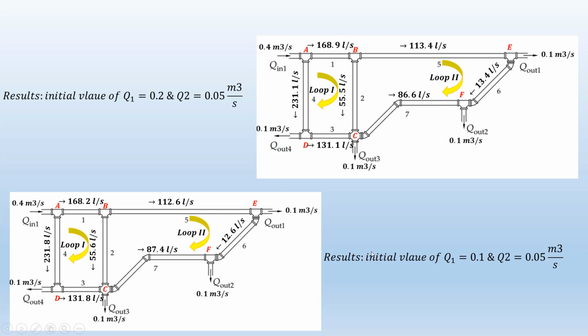And for the second scenario, the Q1 is 168.2 liter per second. That's really good, correct? For example, for pipe 7, the volumetric flow is 86.6 for the first scenario, and for the second one is 87.4.